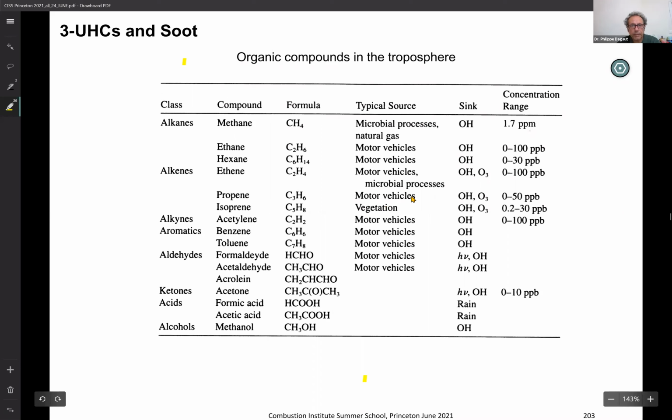Propylene is emitted by motor engines. Isoprene is naturally emitted by vegetation, and its oxidation will produce some particulates in the atmosphere.